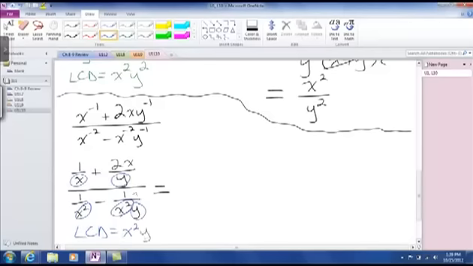So let's multiply everything by x squared y. x squared y, x squared y, and x squared y. Well, now what do I have? Let me come back to my black to deal with this. Well, I've got this x cancels out one of these x's.